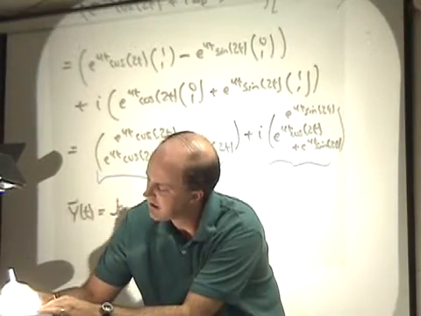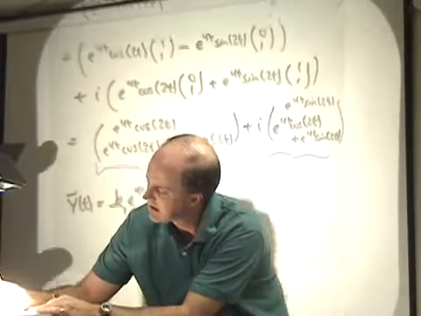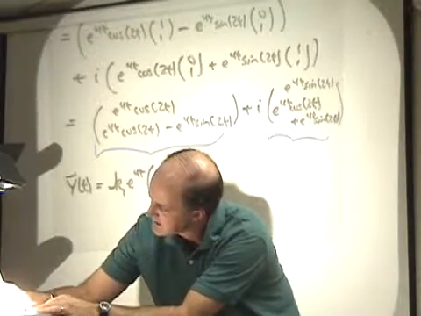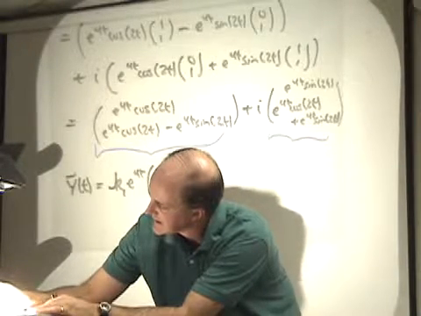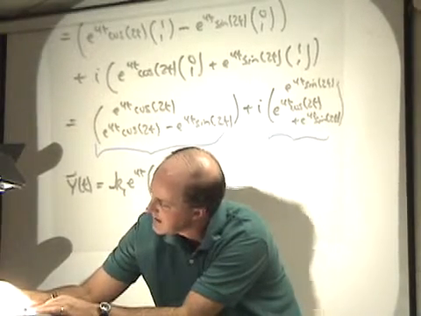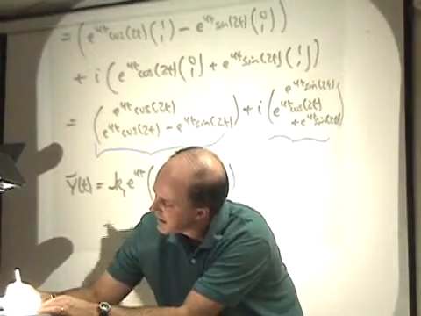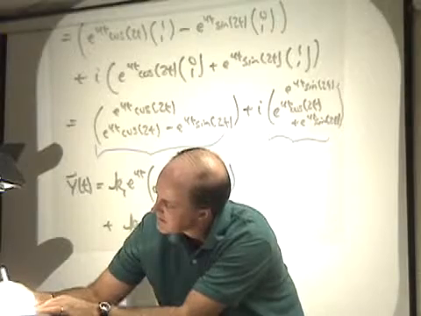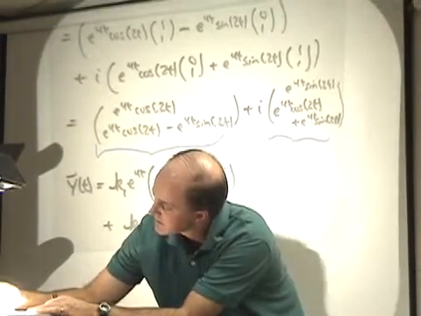So I'll have an arbitrary constant k1 times e to the 4t times a vector involving cosines and sines. I've got a cosine of 2t minus sine of 2t on the bottom, and a cosine of 2t on the top, plus an arbitrary constant k2 times e to the 4t times this other vector without the i.